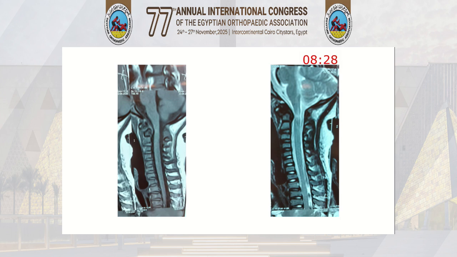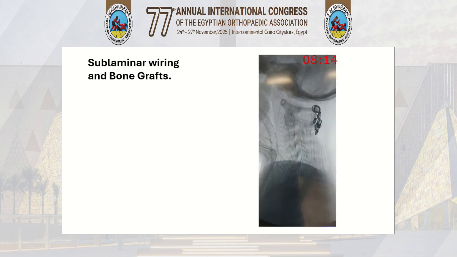When I opened, I found the bones are too small, the lateral masses in C1 and the attempt to put a screw in C2 is very risky. So I resorted to this old technique, which I started maybe 35 years ago, putting sublaminar wires between C1 and C2 with bone grafting, and this would do the trick.